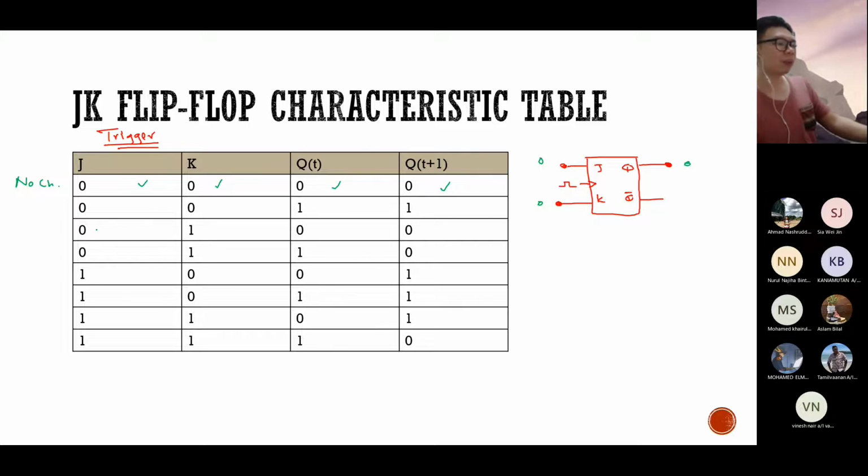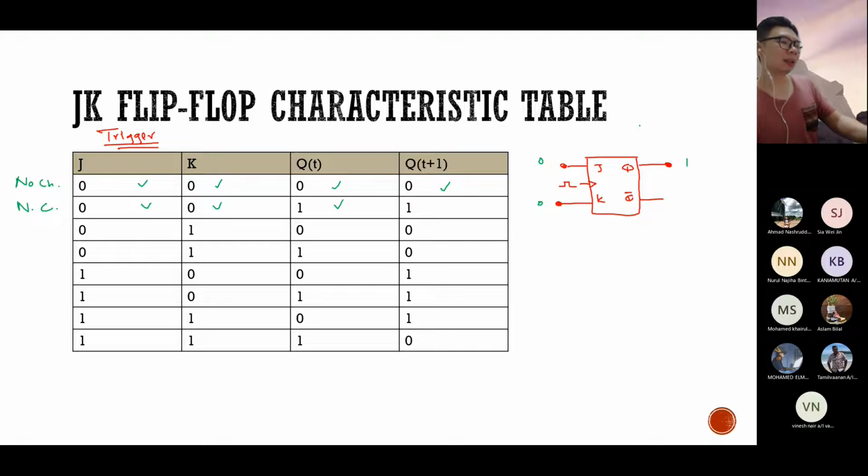Okay, all right. So what happens if you give 0, 0 and your current output is 1, like this? So we give 0, 0, but your existing output over here is 1. This one is also in a no change mode. So what will happen if you put in 0, 0 and your current output is 1?